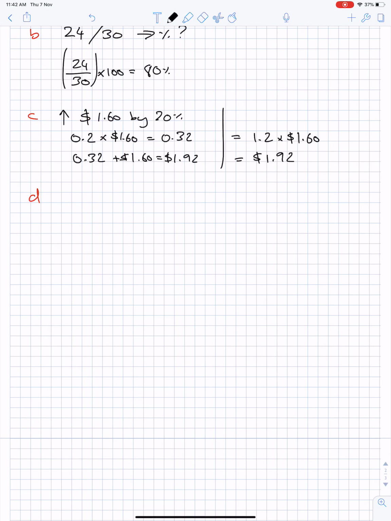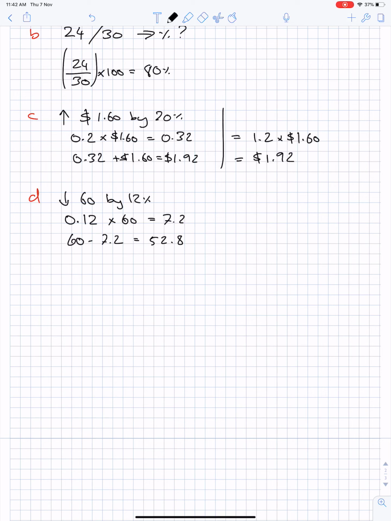Decrease 60 by 12%. So again, you can do two methods. So 0.12 times 60, which equals 7.2, and then you go 60 minus 7.2, 52.8.